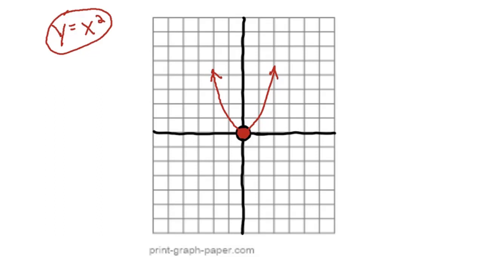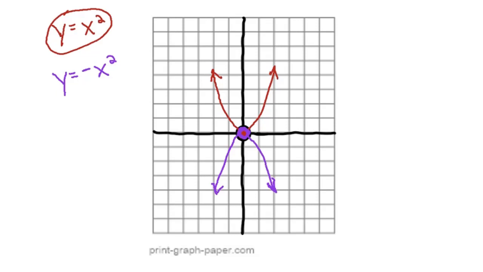If you want a frowny face, then you need to make the x squared a negative x squared. So it'll still start in the middle 0, but instead of going up in either direction, it's going to go down in either direction, and it'll make a frowny face. So that's negative x squared. Y equals negative x squared.